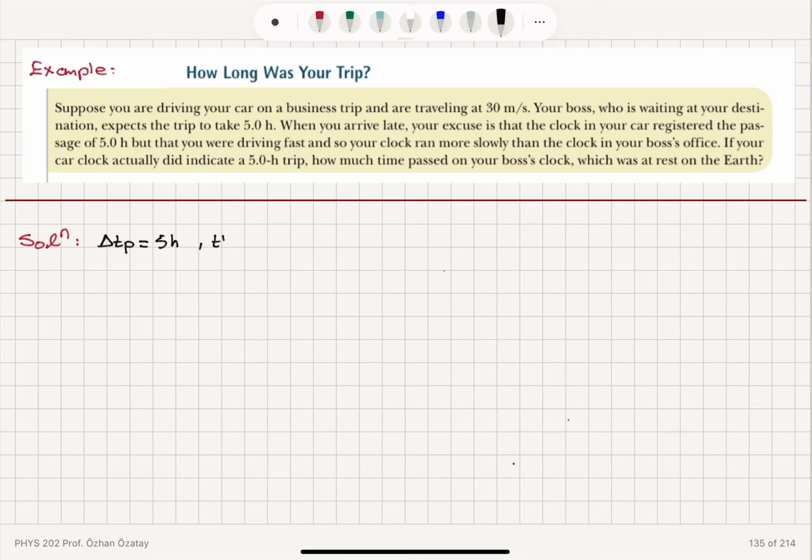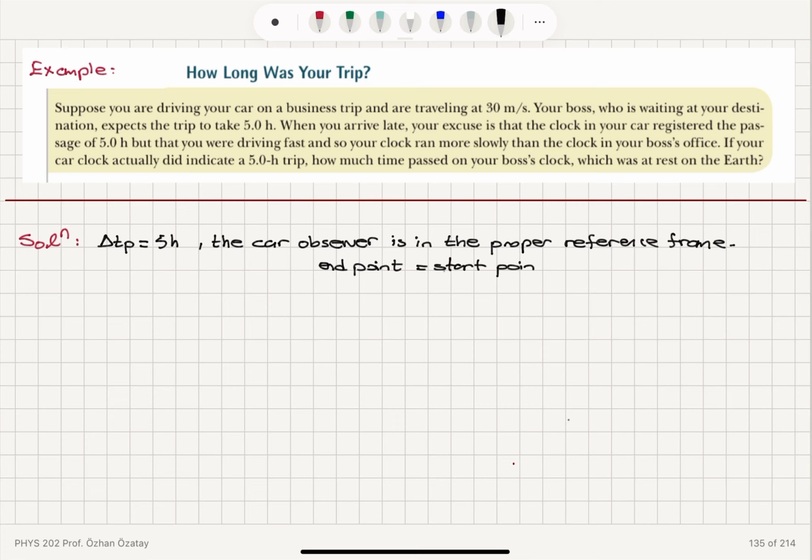The car observer is in the proper reference frame, because in this reference frame, the start point and end point are the same. They are the same point in the car. End point is equal to the start point in the car.